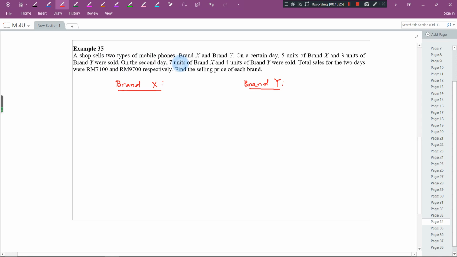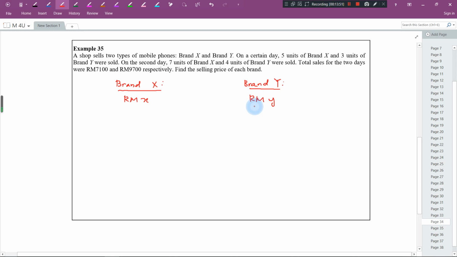On the second day, 7 units of brand X and 4 units of brand Y were sold. Total sales for the 2 days were RM7100 and RM9700 respectively. Find the selling price of each brand. So I let the selling price for brand X be RMx, and the selling price of brand Y be RMy.